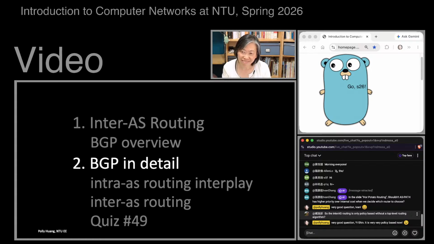Nah. Why? Just like when Polly says, hey guys, you want to submit your assignments in time, but hey, do all of you follow the policy? No, that's the interesting part of the real world.